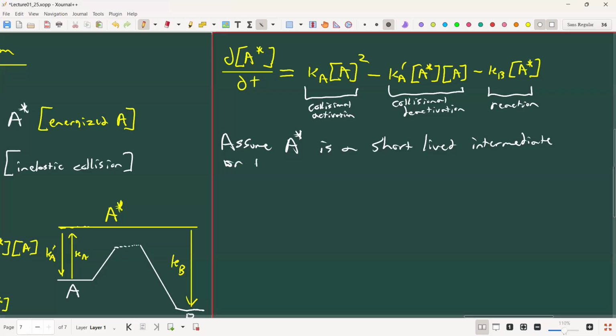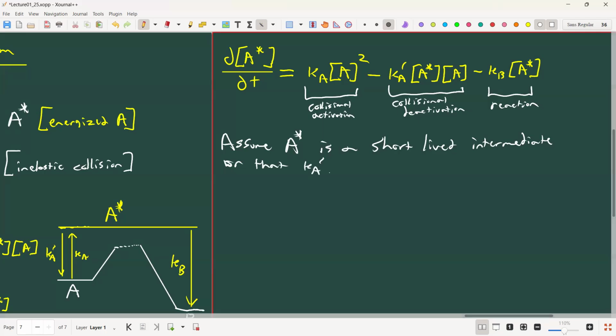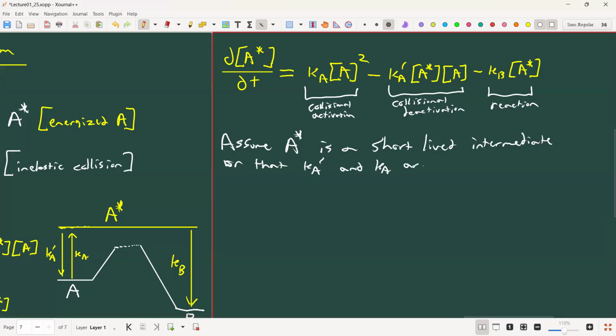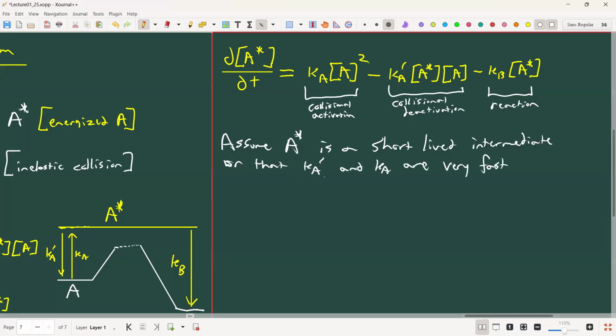Or that the idea is that Ka prime and Ka are very fast. The A's are colliding with each other constantly, exciting, de-exciting, colliding, exciting, de-exciting.